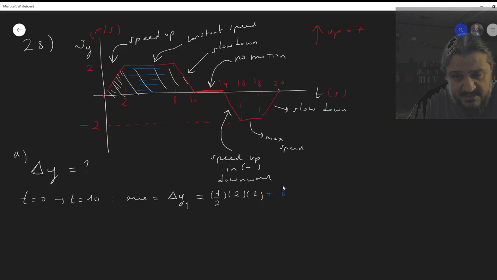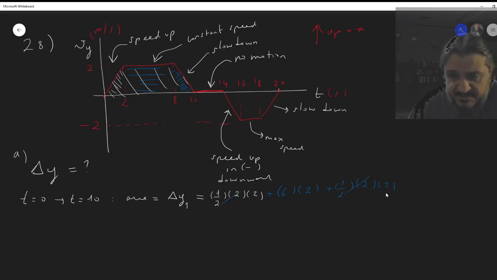Plus 6 times height, that is 2, plus this triangle, that is 1/2 times base, which is 2, times height, 2.